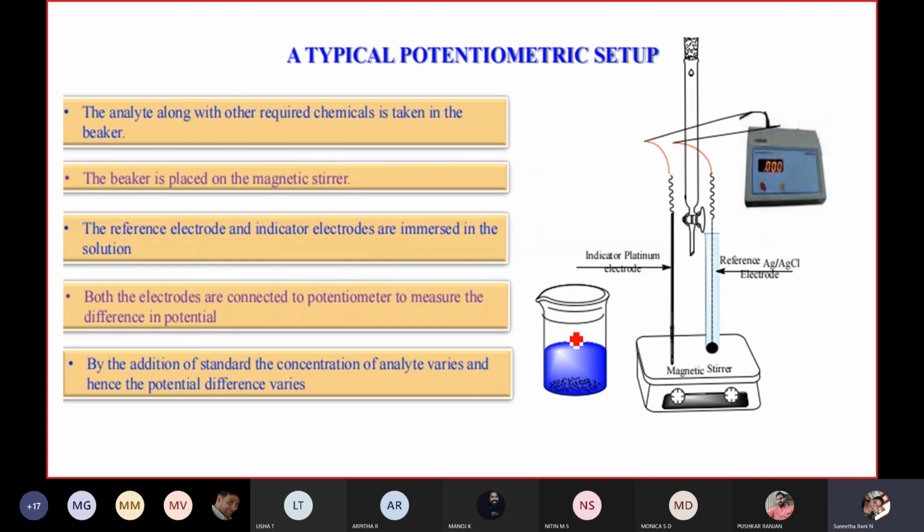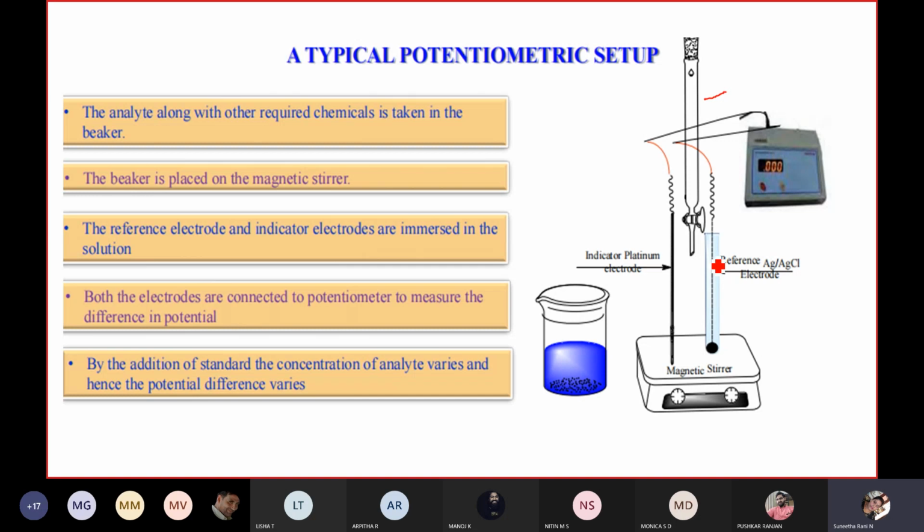Once you fix all these in the instrument, from the burette you take strong potassium dichromate, a strong oxidizing agent, and in the beaker you take the solution whose potential has to be measured.